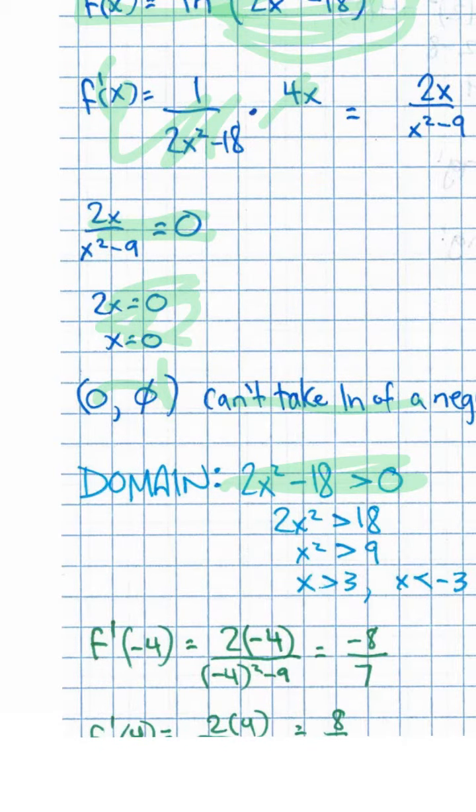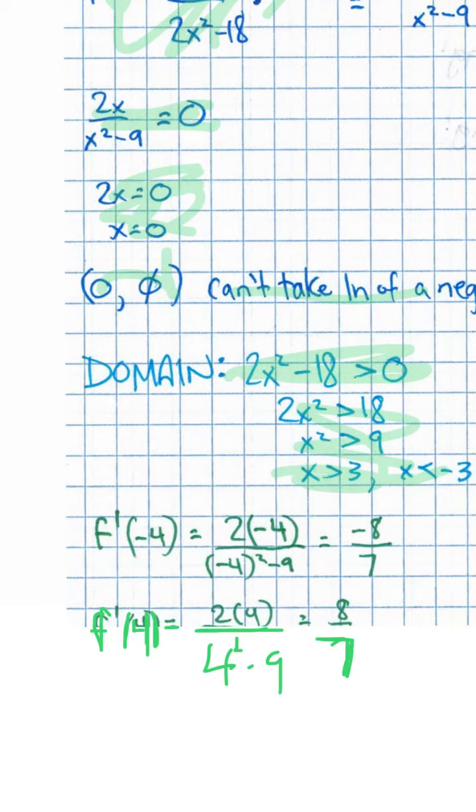So I went ahead and solved for that in the domain. And the domain exists where x is less than -3 and greater than 3. So the 0 of my derivative isn't even within the domain of the function. So my derivative does not have any zeros, so I don't have any relative minima or maxima.